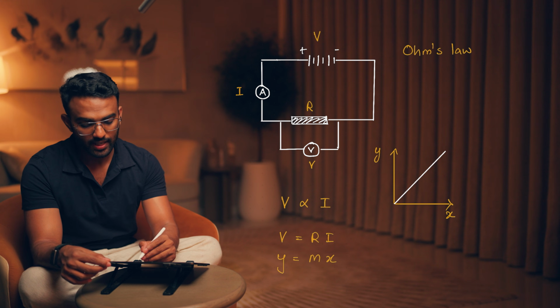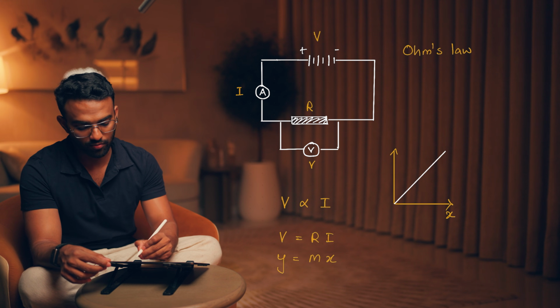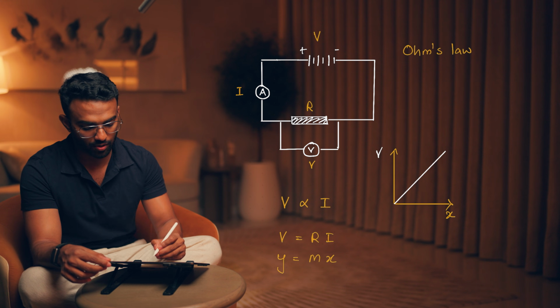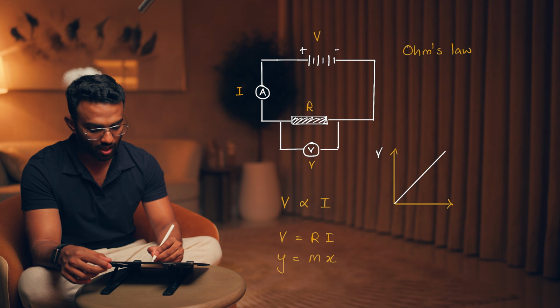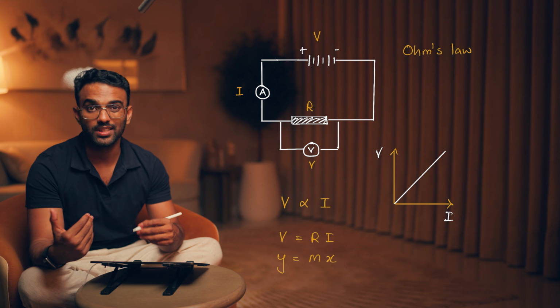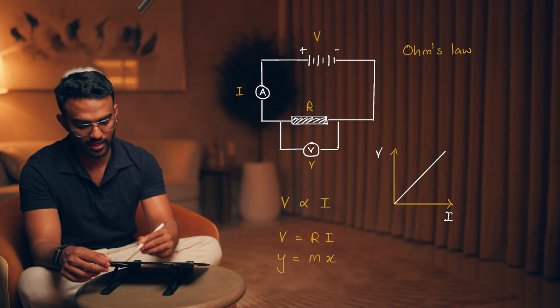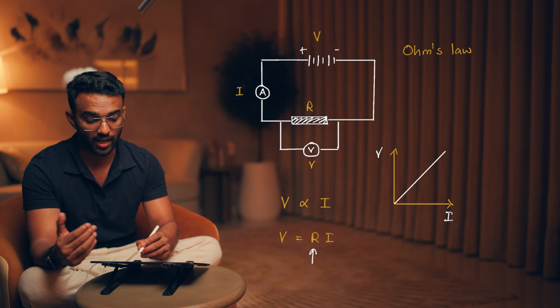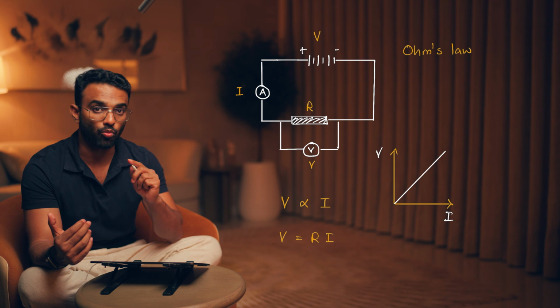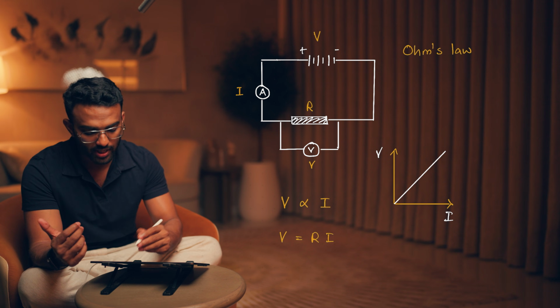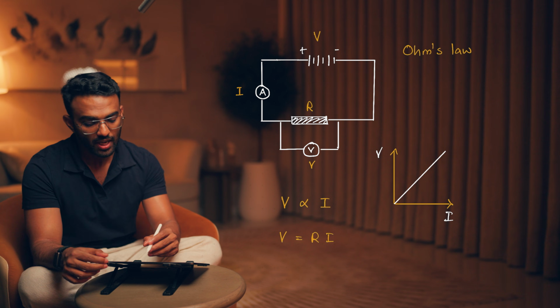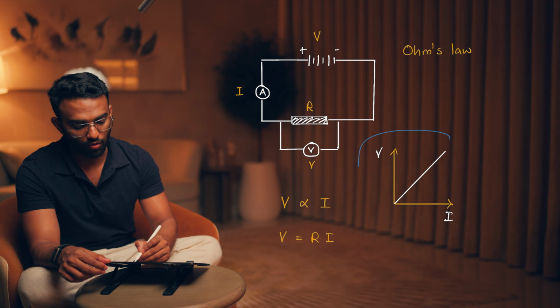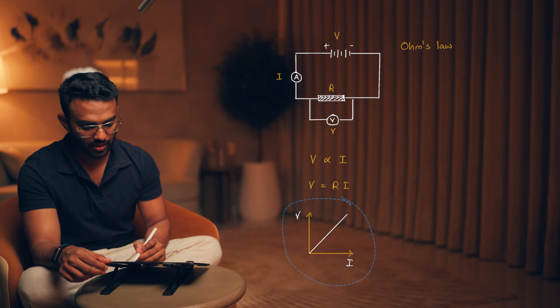The same way, instead of y, if we have voltage here and instead of x, we have current I here, the resistance becomes the gradient in this case. So that becomes our gradient over there, which is constant provided it is proportional, provided the temperature remains the same. So that's the idea of the ohmic conductor coming in.